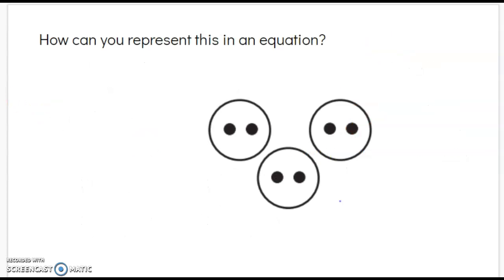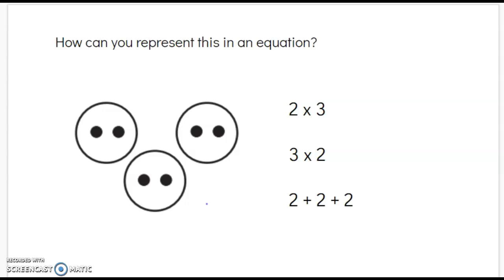Let's look at this problem. Could you write an equation to represent this image? I see 3 groups with 2 dots in each group. Wow, did you see any of these problems when you thought of an equation?